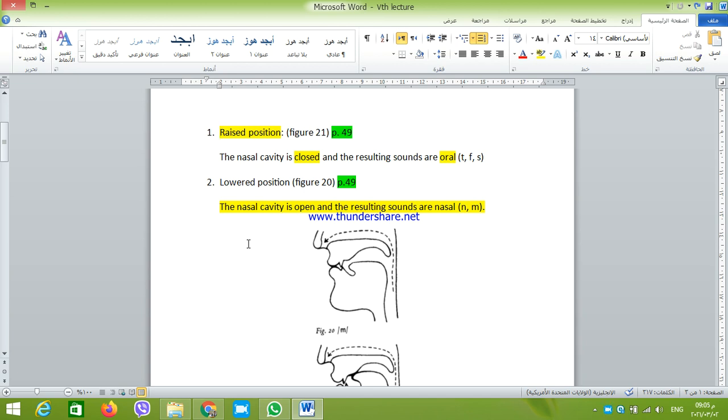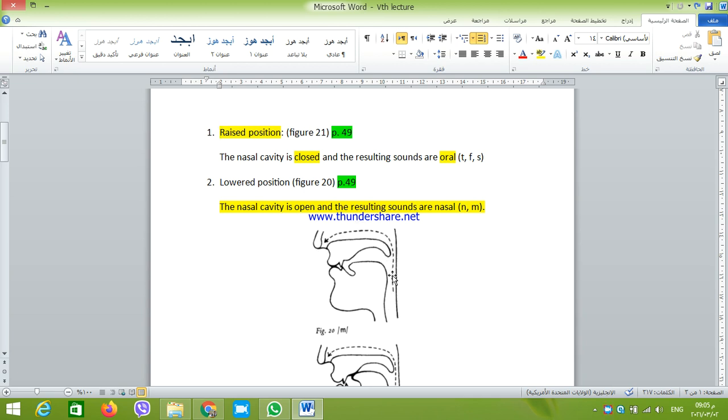So if we try, for example, saying the sound shh, in this sound, the soft palate will take a raised position. It is raised. Suppose that this is the soft palate. It is raised to be in touch with this line, if you can see it. In this case, the air will be unable to pass through the nose.